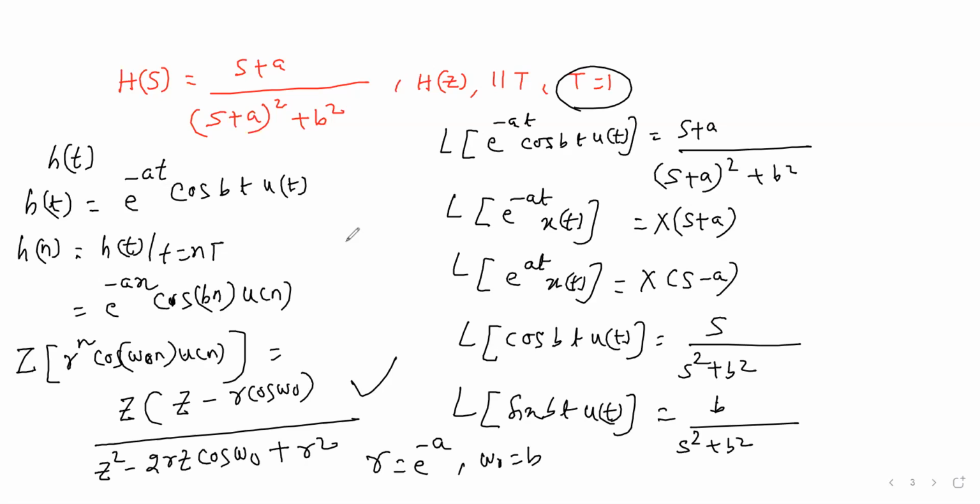Stable or unstable is the secondary case. Mapping is proper means only that the poles must lie between minus pi by T and plus pi by T. Otherwise, the aliasing effect comes into the picture. Getting it or not?